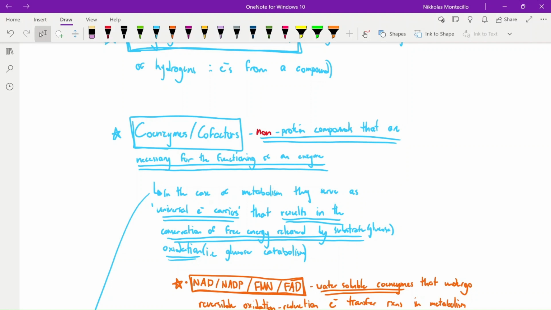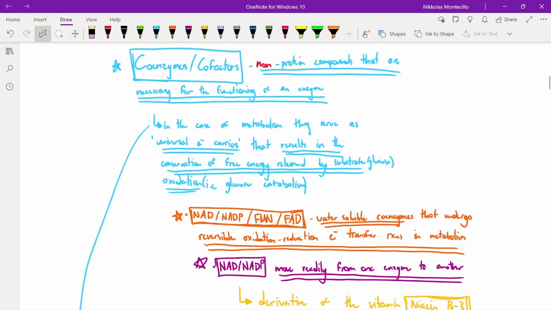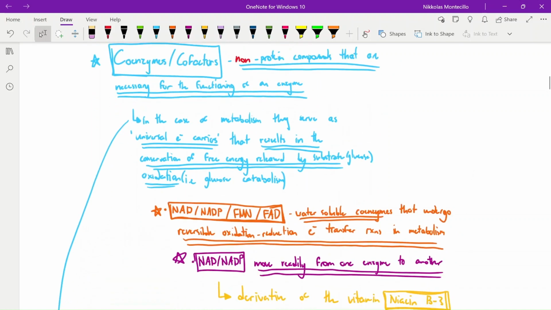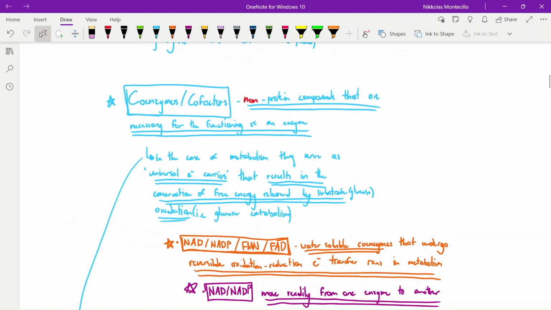In the case of cellular respiration, glucose is oxidized, and in the process of doing so, it releases free energy, and that energy somehow needs to be conserved, and that's what these universal electron carriers serve as. They conserve free energy to be later used for endergonic reactions, as I described in the previous video.